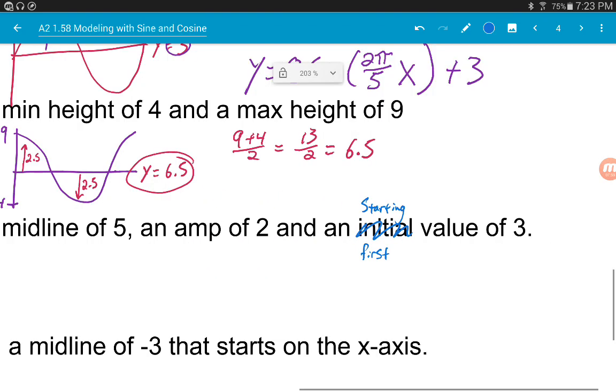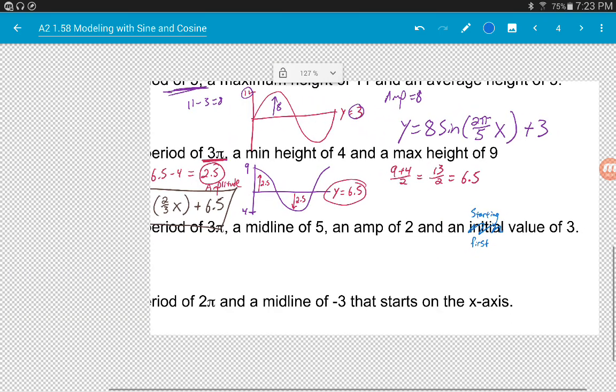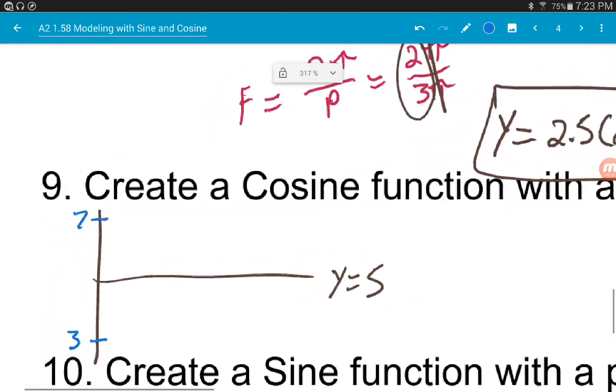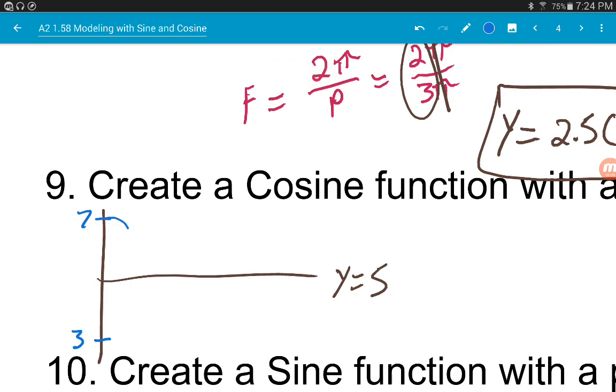So my first value has got to be 3, but that's not what a cosine function looks like. A cosine function looks like this. It would start at 7. So in order to change this, we flip it.